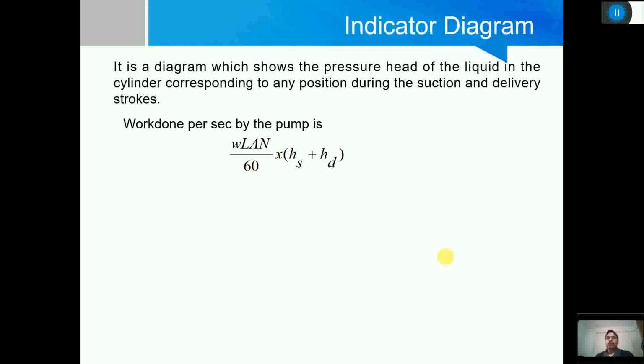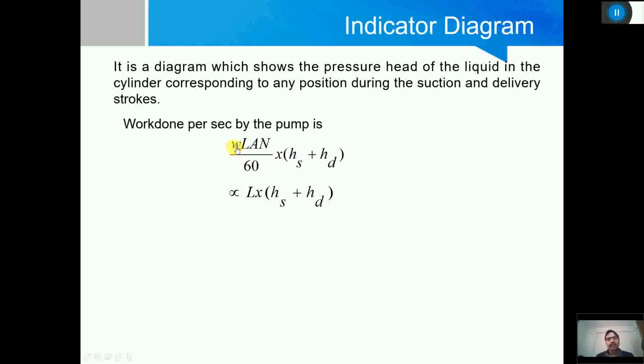Now see the next topic, the indicator diagram. It is a diagram which shows the pressure head of the liquid in the cylinder corresponding to any position during the suction and delivery stroke. We already have derived the formula for work done per second by the pump as rho g L A N by 60 into Hs plus Hd, where rho g is equal to W. W is nothing but the specific weight of the liquid.